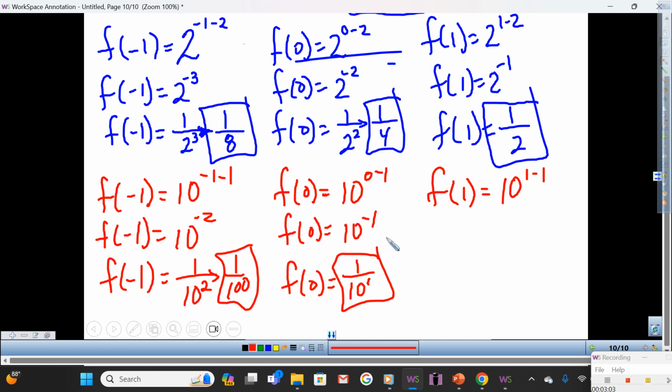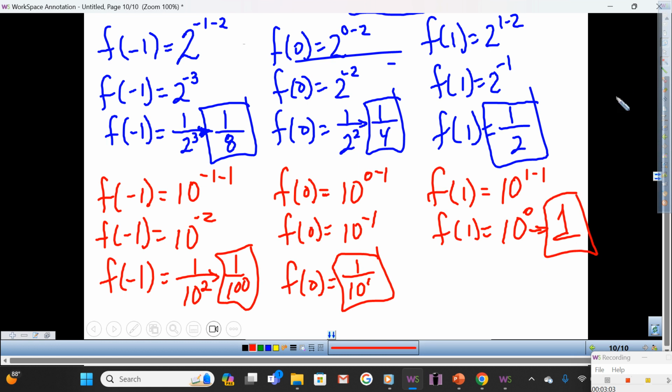That is correct. Let's go. Anthony E, pass someone. Anthony G, f of 1 equals 10 to the what? 0, which is 1. That is correct. Hands, if you got that by yourself.